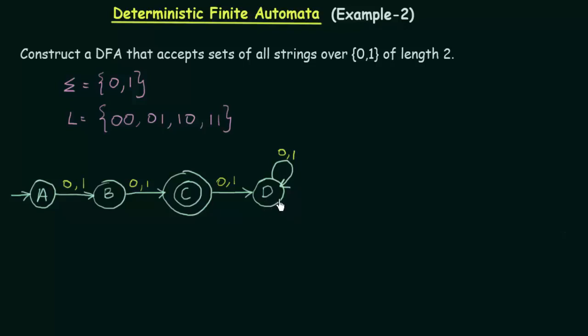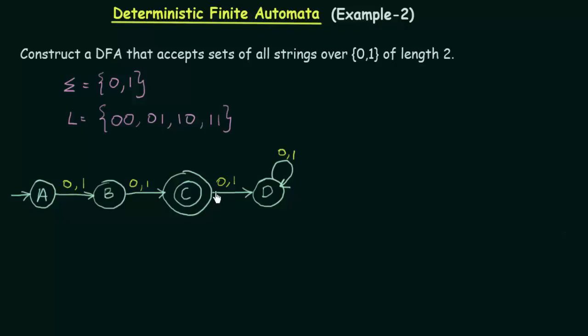Now what is the meaning of this? When I reach state C, I already have a string of length 2. If I get another input, the length of my string becomes 3, and that should not be accepted. So it goes to state D, and after reaching state D, whatever input you get, it stays in state D, and there is no possibility of coming back to state C, which is the final state.